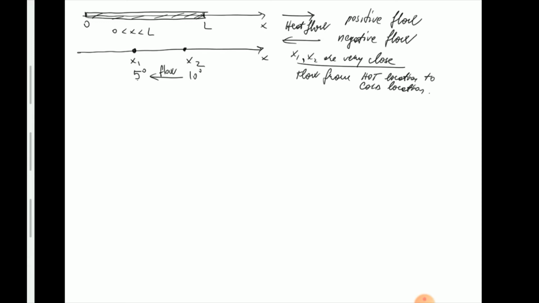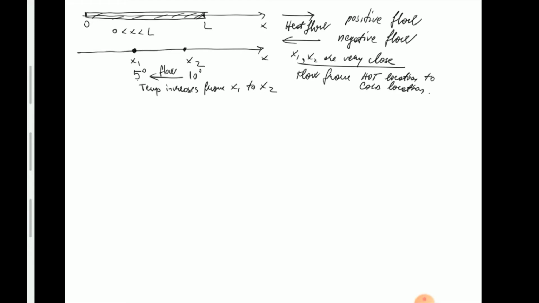But obviously the temperature increases from x1 to x2. So my point is that the change in the temperature is always going to be in the opposite direction to the flow of the heat. I'm talking about the change from one location to another, not with respect to the time t.